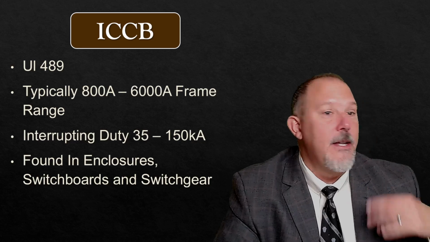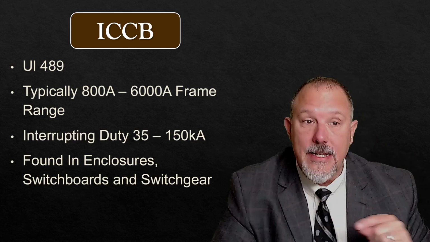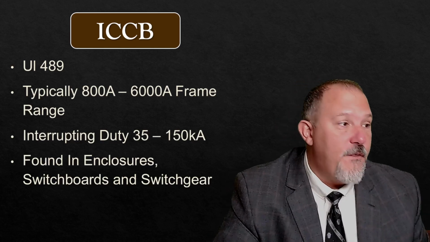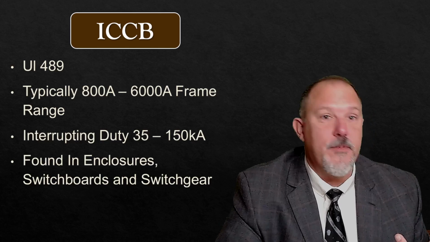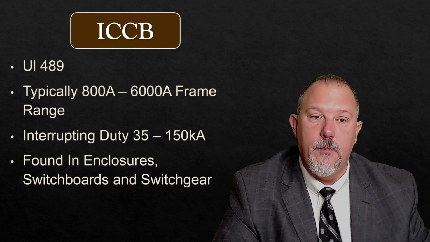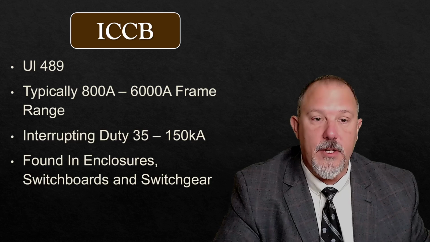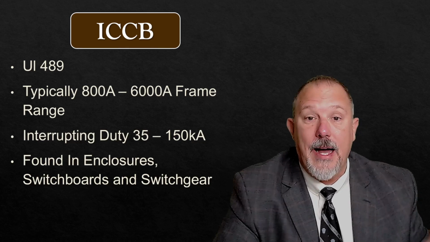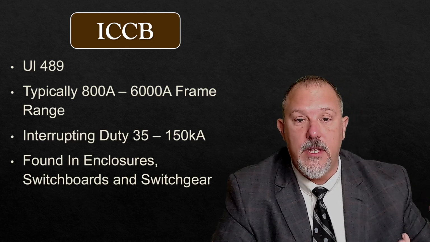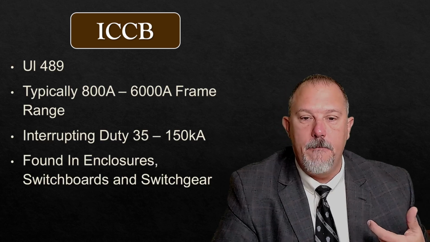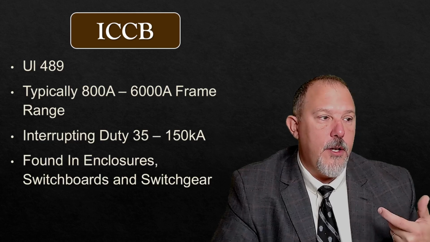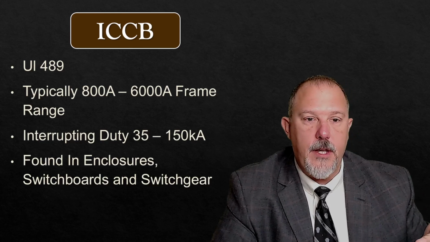While I'm looking, an insulated case circuit breaker is 800 to 6,000 amps, with up to 150,000 amps of interrupting rating, which I think is another important piece of the puzzle here. Think about it from an interrupting capability standpoint.